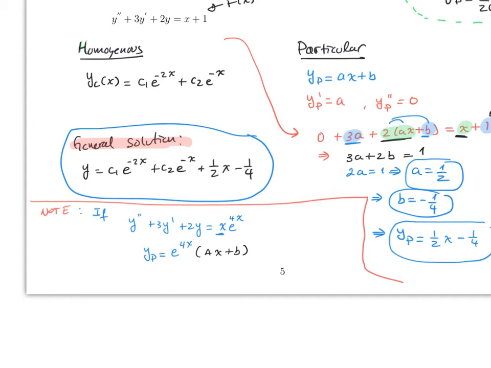And now you can see if you're taking derivatives of this, it's now more annoying because you need to use the product rule, and therefore it will take longer, but the process is identical. You just have to find y prime, y double prime, plug it in, and make sure that the coefficients match, and that's it. However, that's going to be more annoying and it's going to take longer.